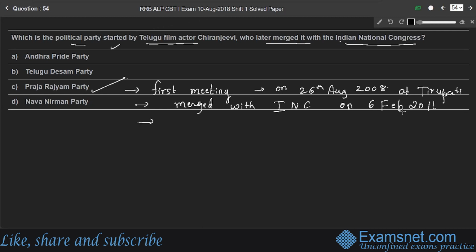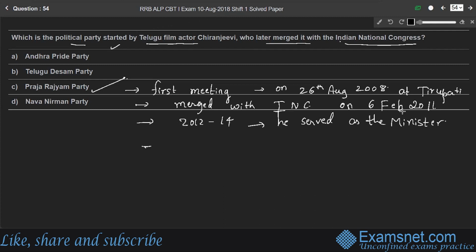He served as the Minister of State with independent charge for the Ministry of Tourism, Government of India, from 2012 to 2014, right? So for the given question, option C is the right answer.